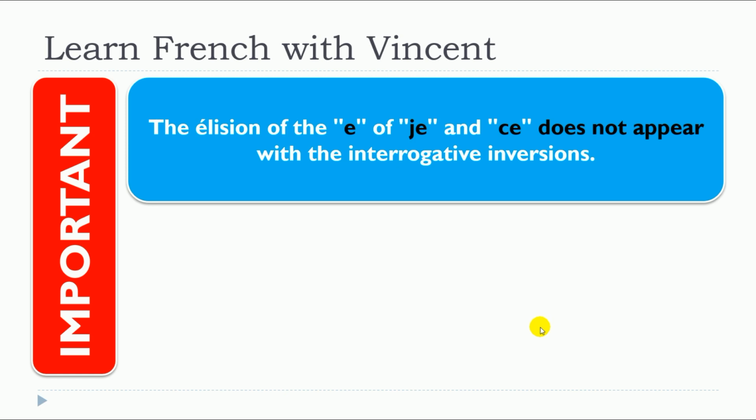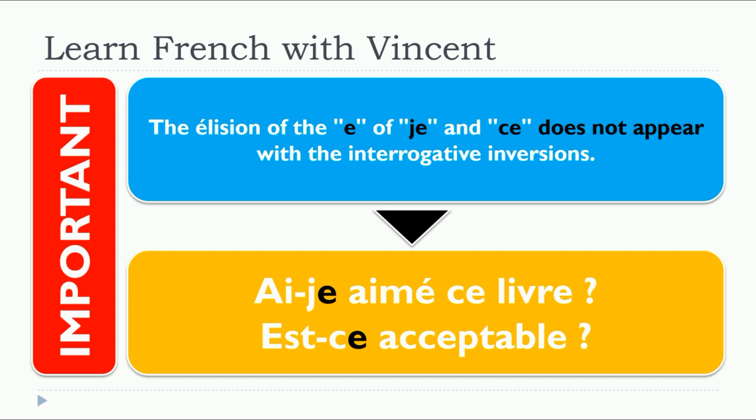So be careful because the elision, the thing that we just saw, of the e of je and ce, does not appear with the interrogative inversions. Remember that when we are asking questions, if we want, and that's normally the way it should be, we will change the order. We will start with the verb and put the subject after.